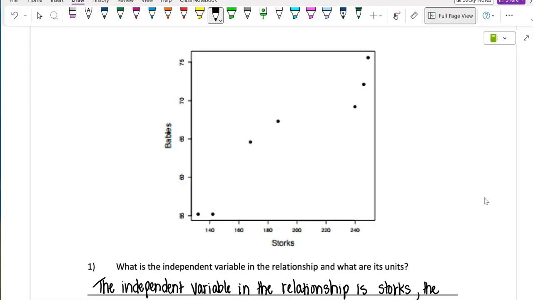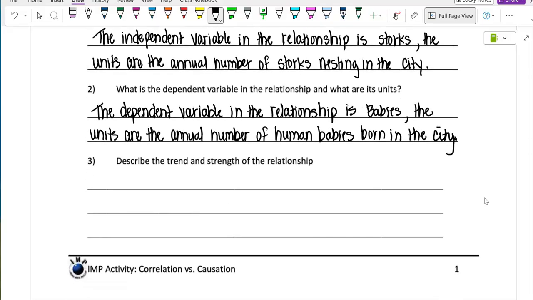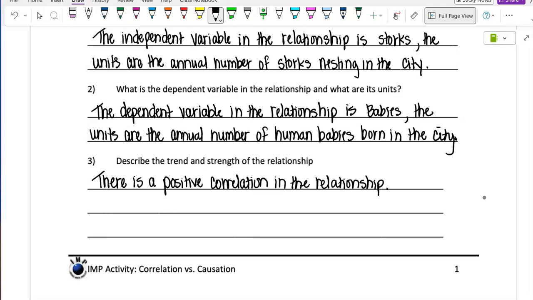So there is a positive correlation in the relationship: as the number of storks increases, the number of babies increases.